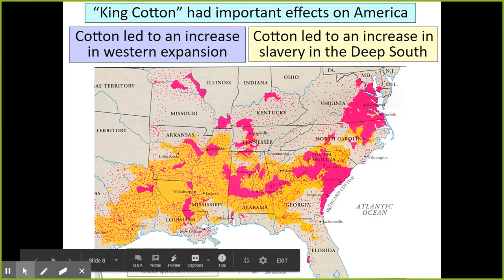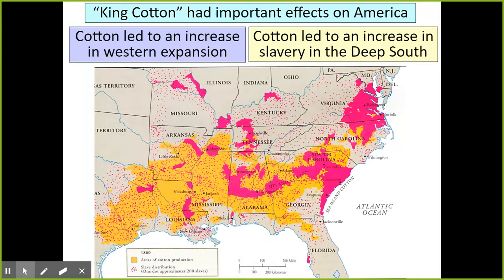We can also see, for example, I apologize, I wish I could take this off here. It says areas of cotton production are in yellow, slave distribution is in pink. So clearly there's a correlation between cotton production and slave distribution.